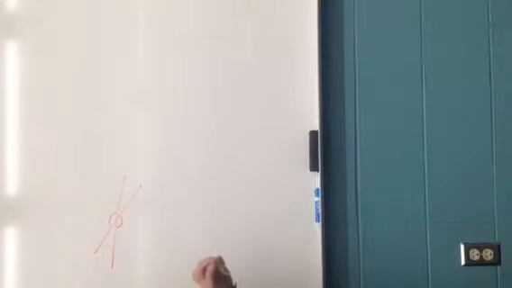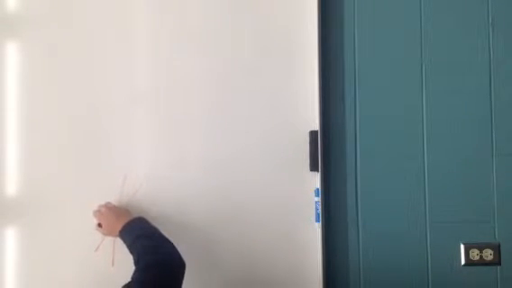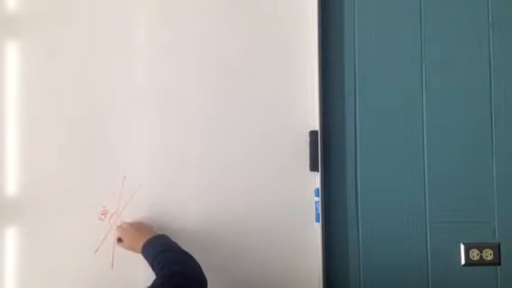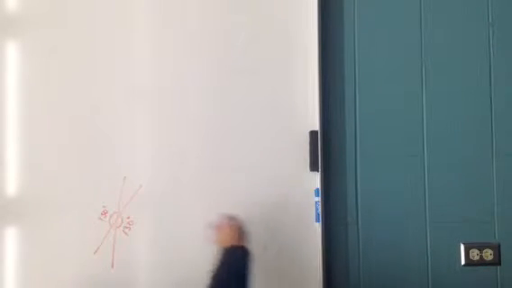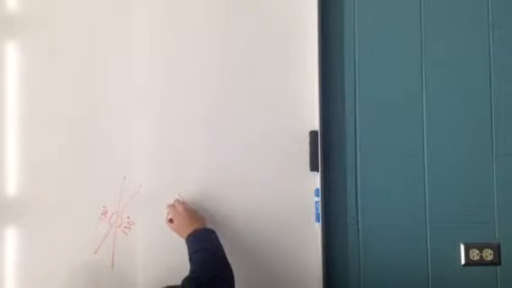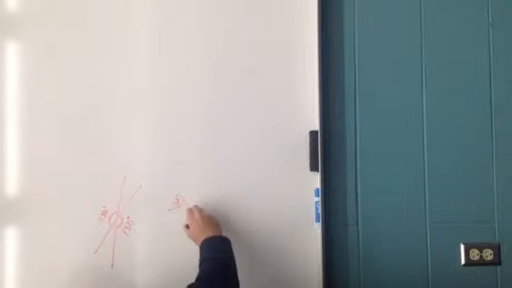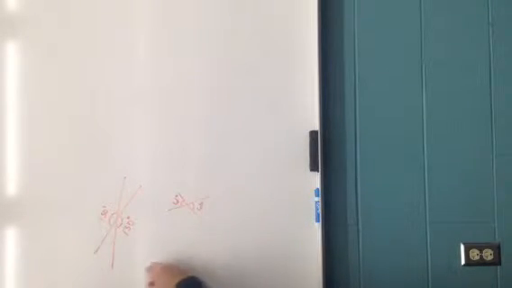When you have two lines that intersect, the opposite angles are always the same. So if I know that this is 130 degrees, I know that this is 130 degrees as well. If this one was 61, I'd tell you that this one was 61 degrees. If I had 8.21 degrees, that would be 8.21 degrees.